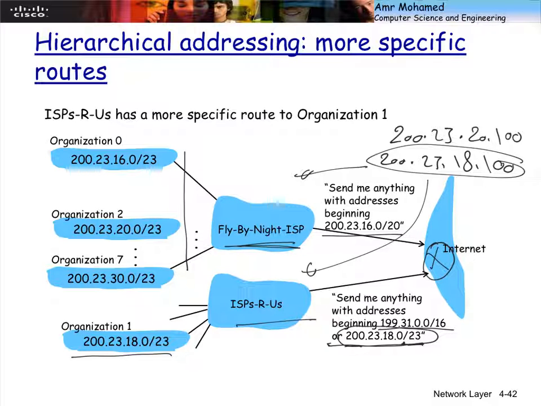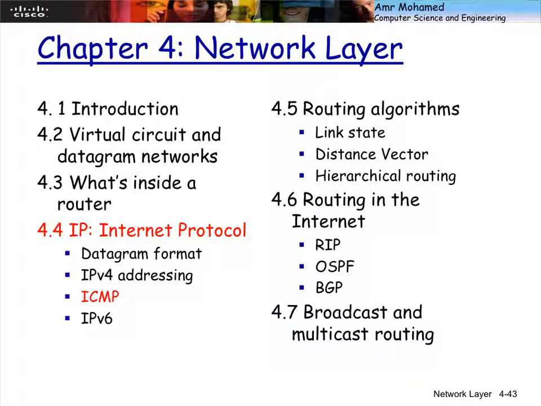By having this rule, we can use route summarization without affecting this kind of move from one service provider to another. So route summarization does work and does not affect a move like this, which is kind of interesting. By matching based on the longest subnet mask, we can overcome situations like this. Understood? Any questions?